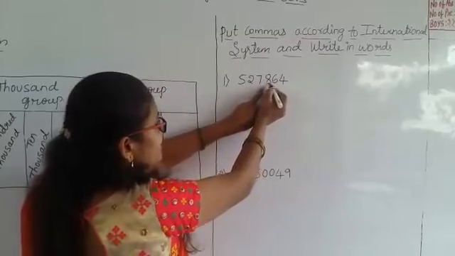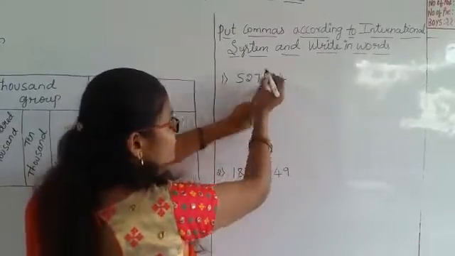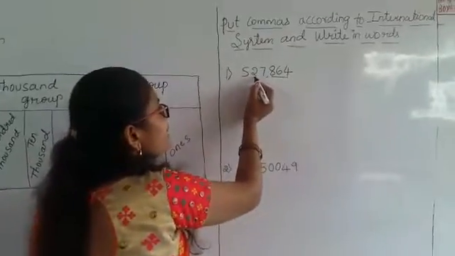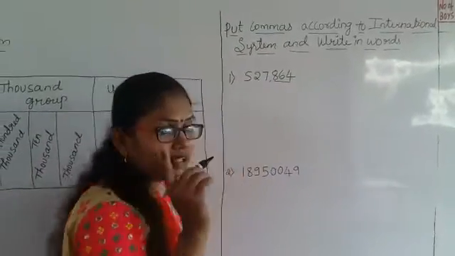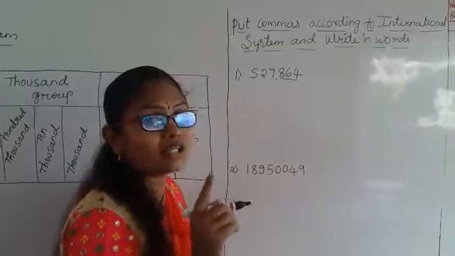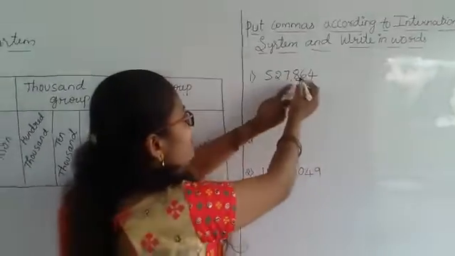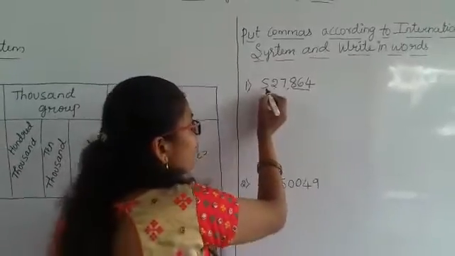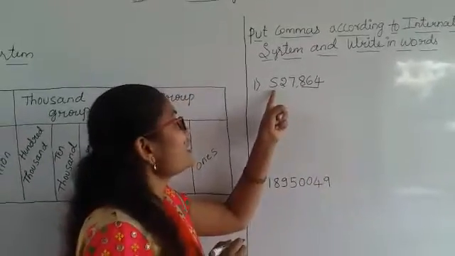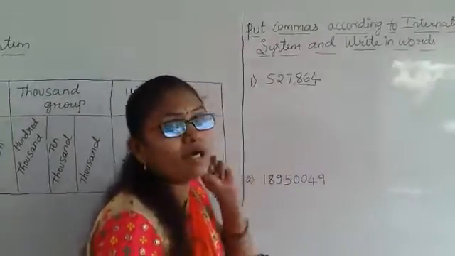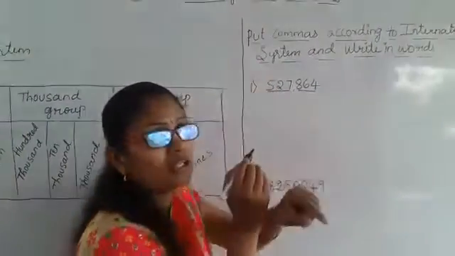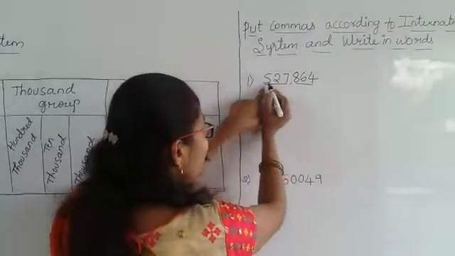Ones, tens, hundreds come under the unit group, so we separate this one. Next, 1,000, 10,000, 100,000. We stopped at 100,000, so we have to begin from 100,000. These three come under the 1,000 group, so we start from 1,000.